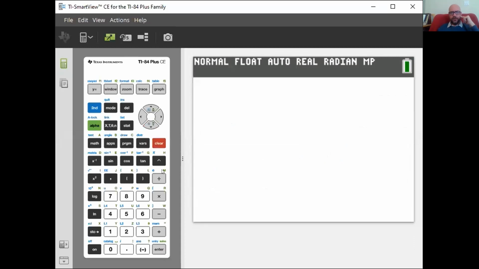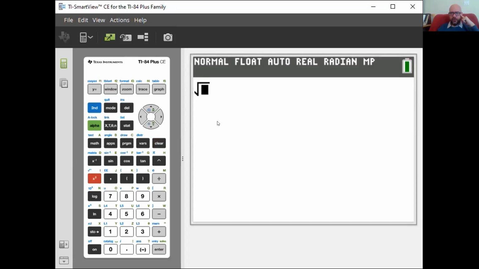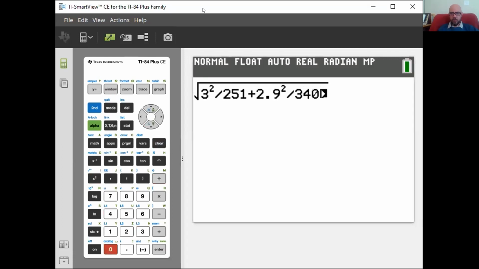All right, so I'm going to take the square root of, so sigma 1 is s and 2 is a. So sigma 1 was 3 squared, of course it's 9, divided by n1, which was 251, the number of Swedish men, plus 2.9 squared divided by n2, 340.